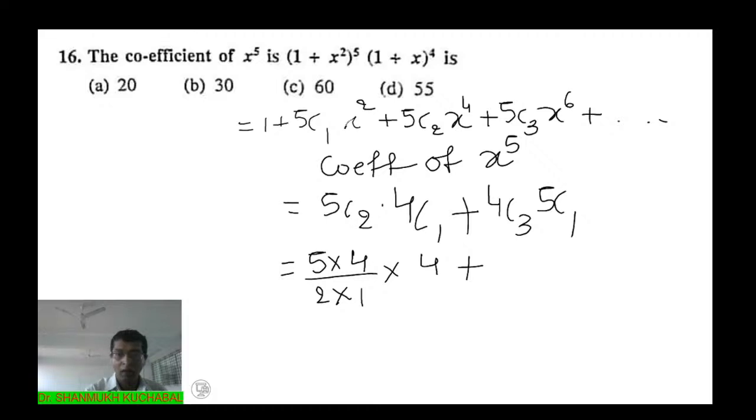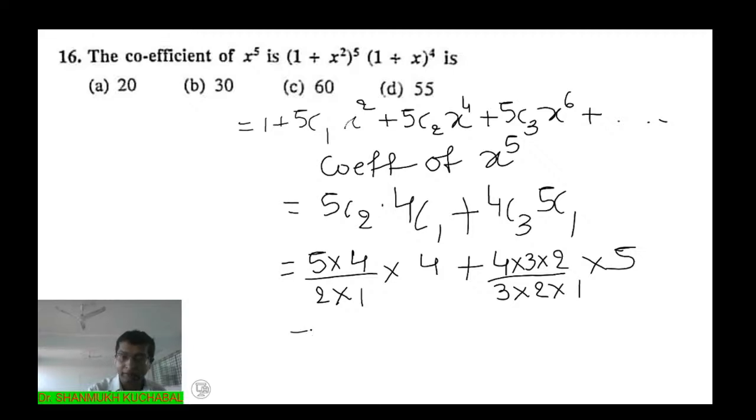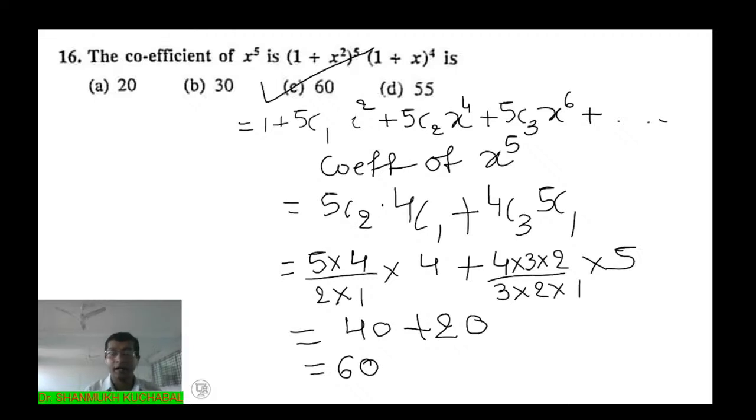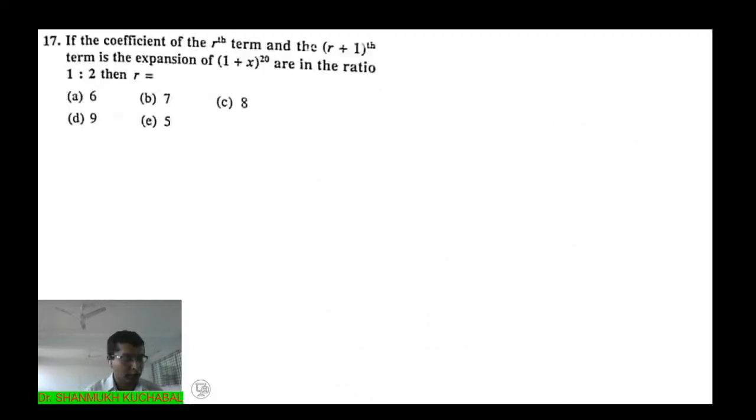Next, 4C3 is 4 into 3 into 2 divided by 3 into 2 into 1, and 5C1 is 5. Simplifying the first term we get 40, and the second term we get 20. So 40 plus 20 gives 60. Therefore option C, 60, is the right answer. We'll move to our next example.